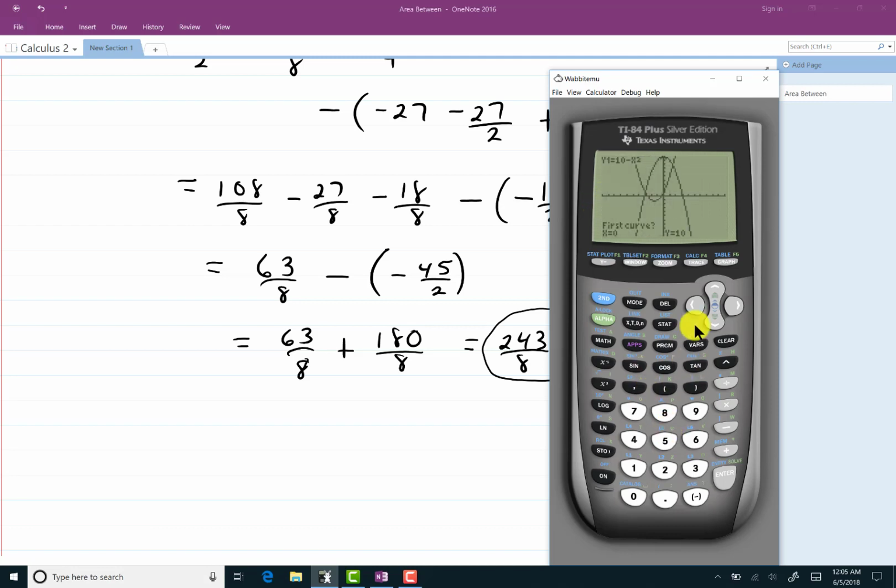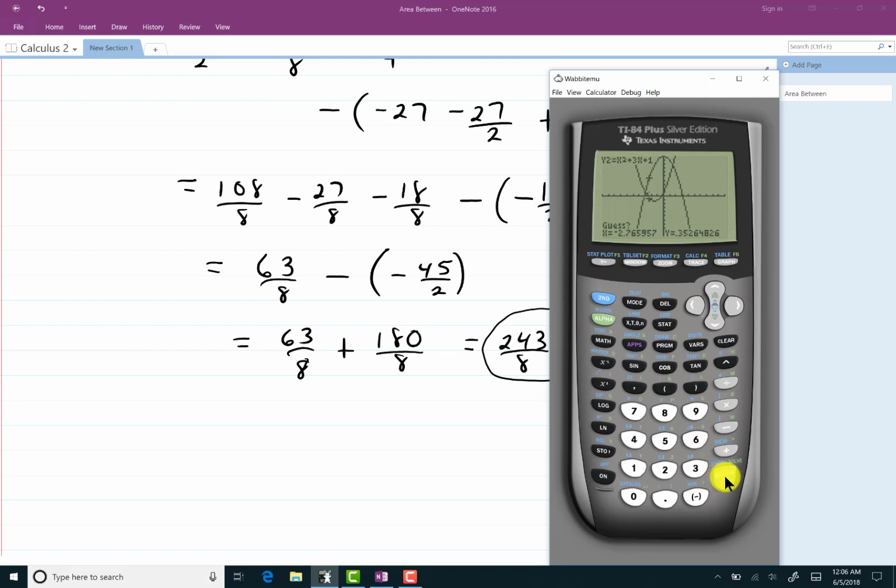Now you've got to get it close to the ones you want. So I'm going to start over to the left, and it will say the first curve, which is y1 there. So we say enter, and then the second curve, that's y2, enter, and then it wants to give you a guess. So put it close to the point of intersection so that it doesn't confuse it with the other intersection point.